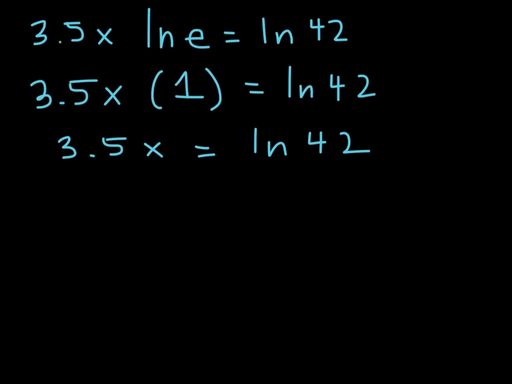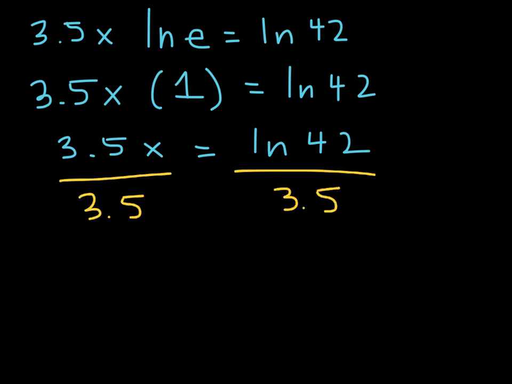So please remember, make sure you write in your notes, whenever you have an exponential equation with base e, take the natural log of both sides. Okay, so we're going to divide both sides by 3.5 in order to solve for x. So your exact answer is the natural log of 42 divided by 3.5.